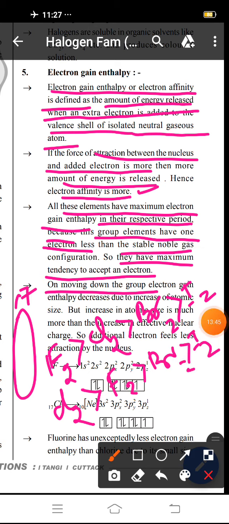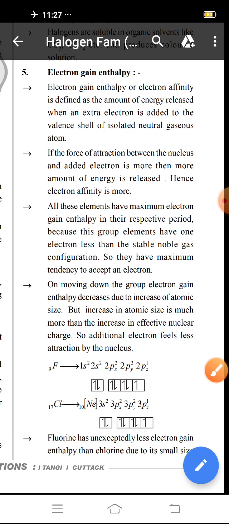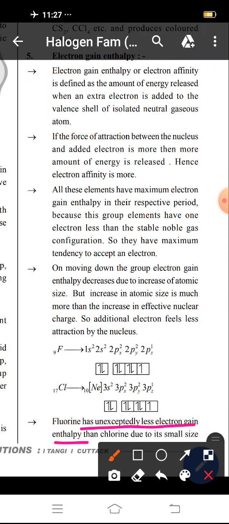Why is this order preferable? Why does chlorine have more electron gain enthalpy or more electron affinity? Because of the exceptional behavior of fluorine due to its atomic size. Fluorine has unexpectedly less electron gain enthalpy than chlorine due to its small size.